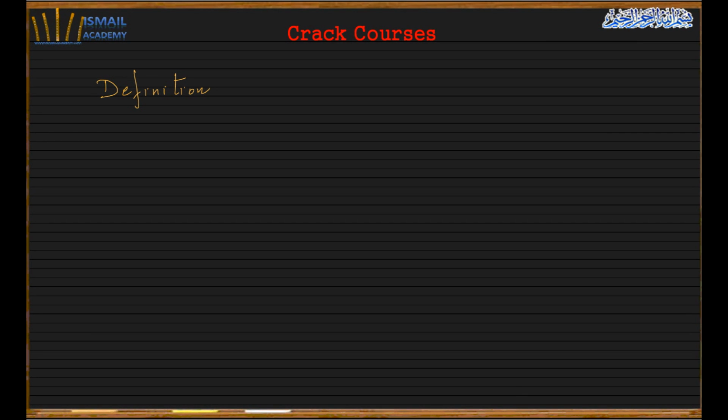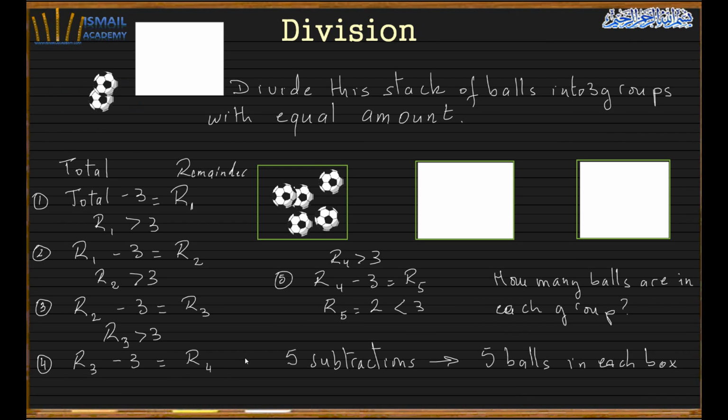And the answer for this question, if you remember at the beginning, what we did, we subtract the same quantity or identical quantity a certain number of times from an original quantity. You see, we subtract 3 like 5 times from the total. So it's exactly what you did to get the quotient.